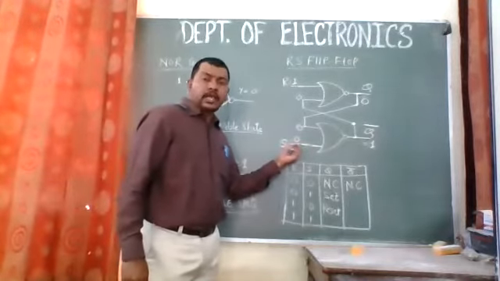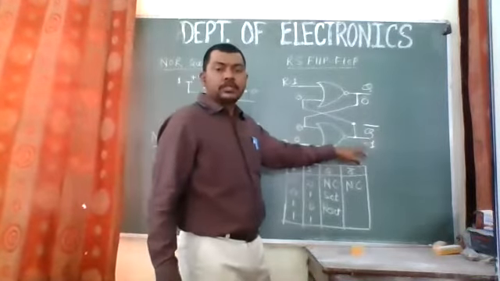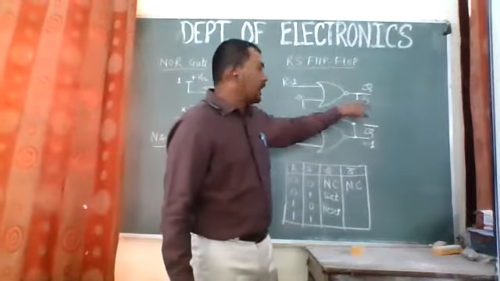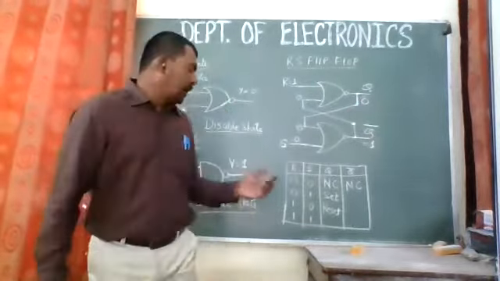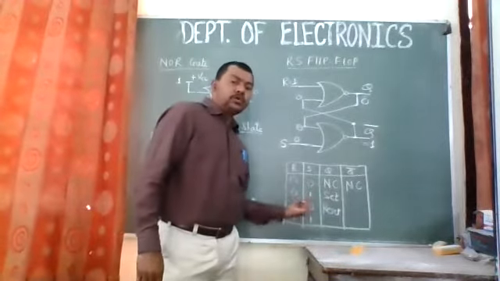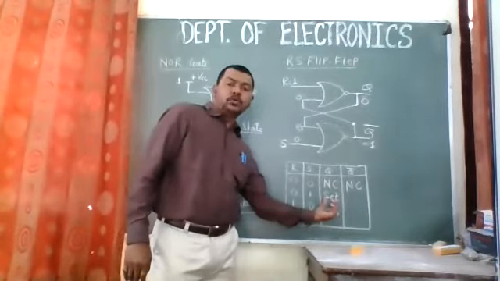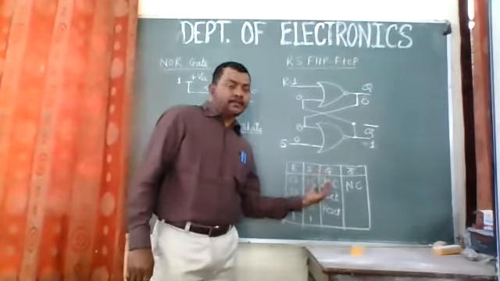So when I put S equal to 1, this gate is going to be disabled. The output of it is going to 0. And if we apply 0, 0 on both sides, we'll have 1, which says that the flip-flop sets, right? So I put here when R equal to 0 and S equal to 1, the output Q will be set, or it will become high.